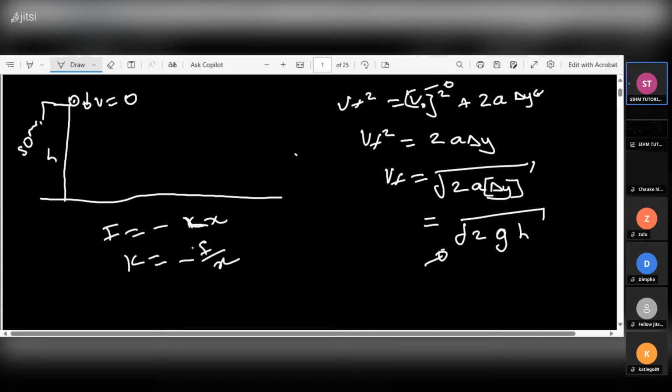The force is in Newtons and x is in meters, so our k will be measured in Newton per meter. So now you already know that your constant should be in Newton per meter.